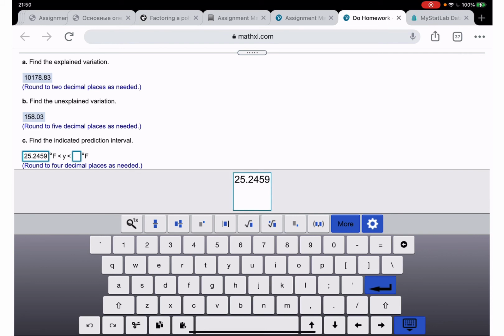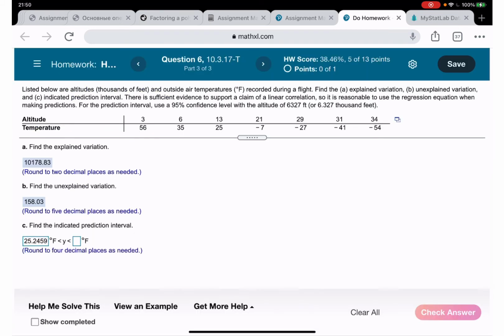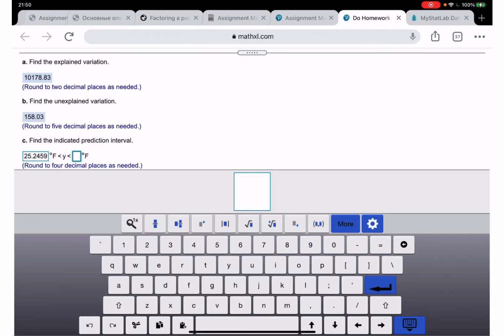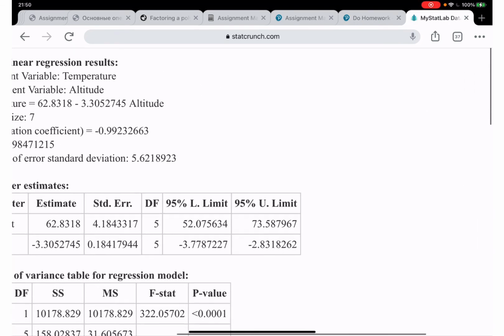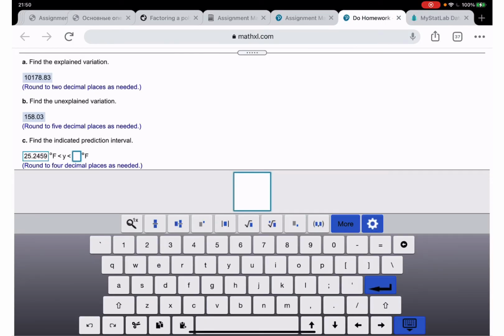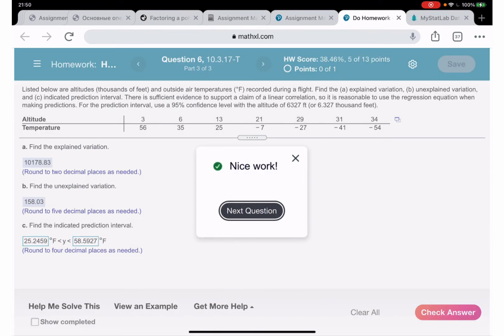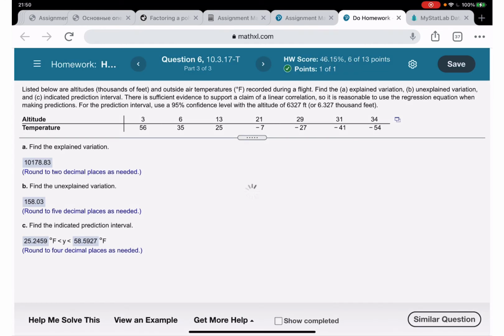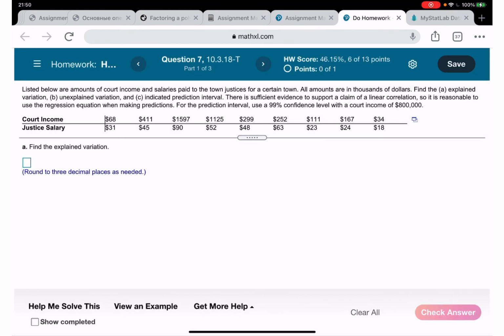And for the other one, the upper limit, we are going to have 58.5927. Okay, we are done.